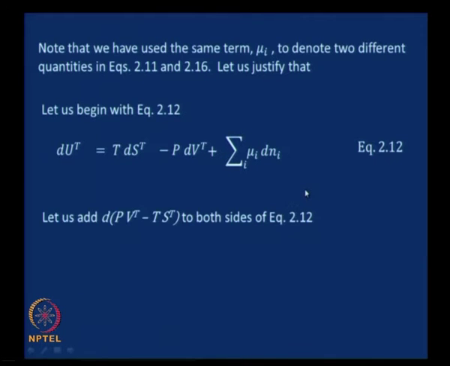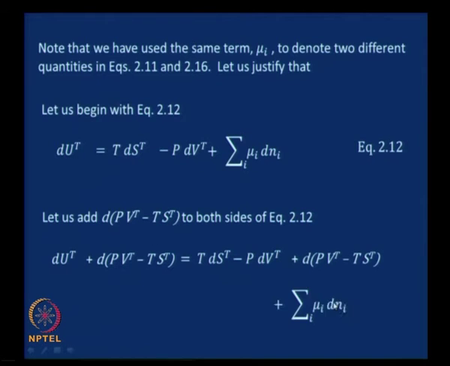Let us add the differential of this particular quantity, d of (PV_t minus TS_t), to both sides of equation 2.12. If we do that, dU_t plus d(PV_t minus TS_t) equals T dS_t minus P dV_t plus the same quantity on the right hand side plus summation of μ_i dn_i.